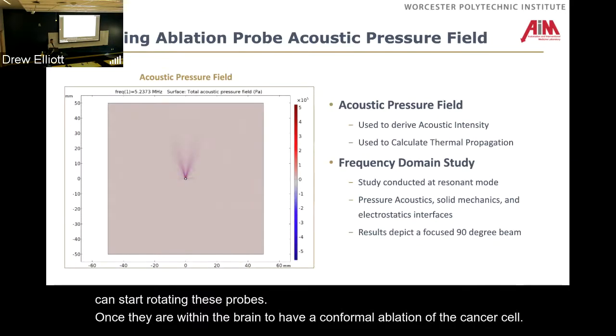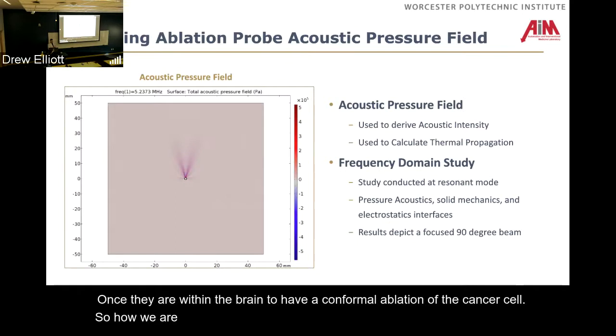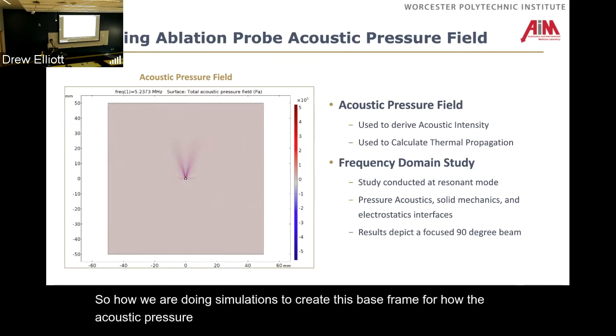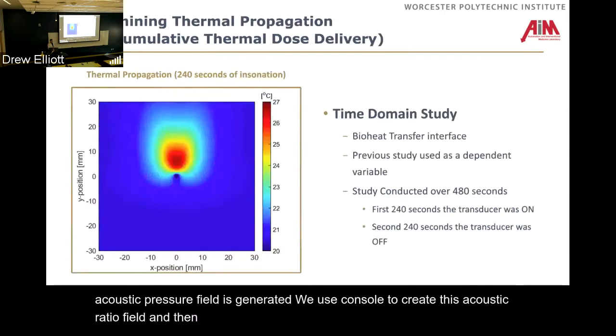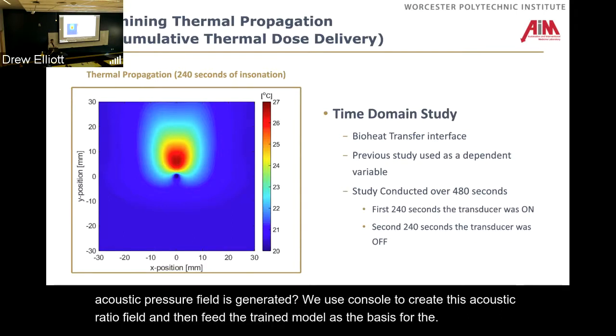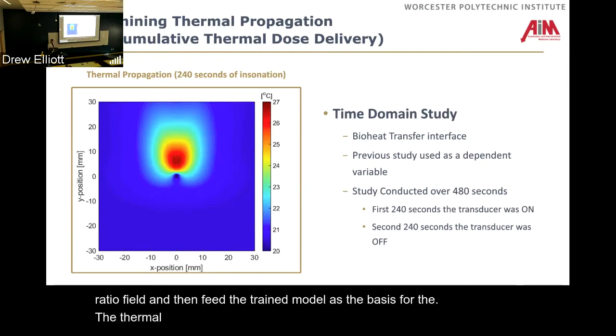So how are we doing simulations? We create a base frame for how the acoustic pressure field is generated. We use COMSOL to create this acoustic pressure field and then feed it as the base for the thermal propagation model.